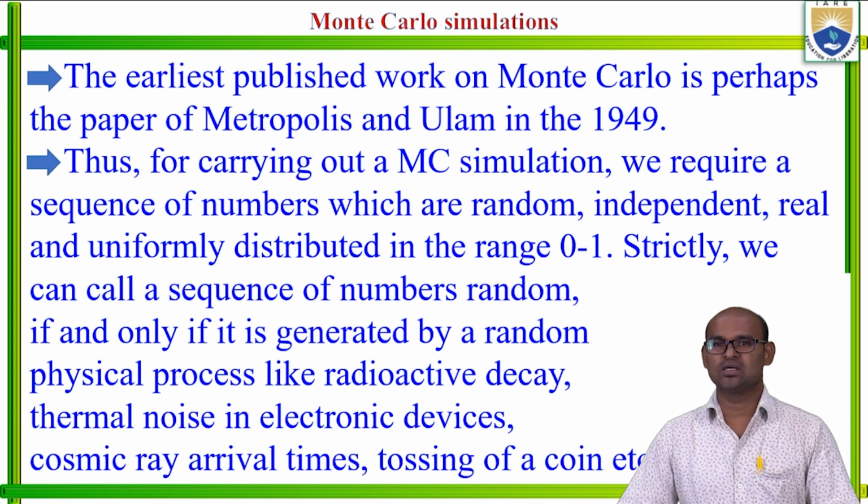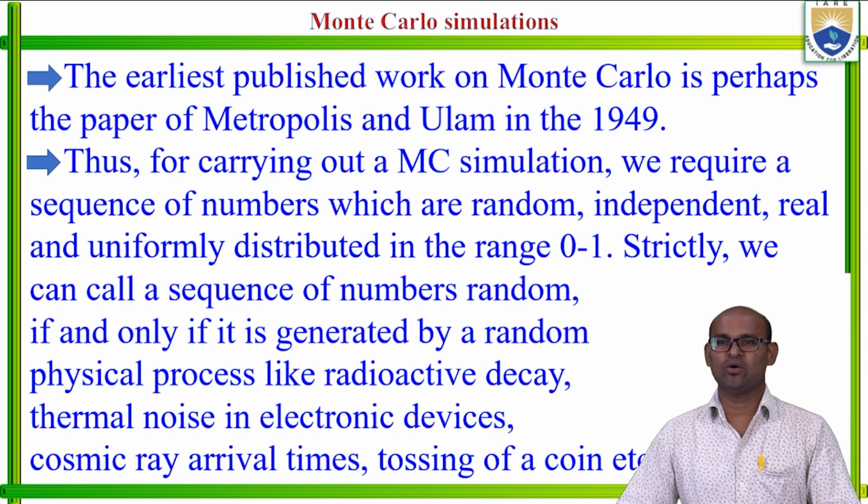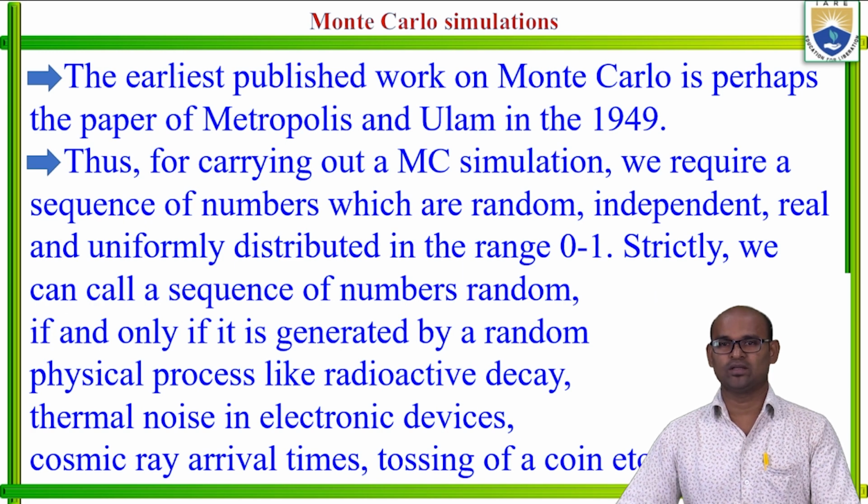These sequences of random numbers are strictly random only if generated by a random physical process like radioactive decay, thermal noise in electronic devices, cosmic ray arrival times, or tossing of a coin.